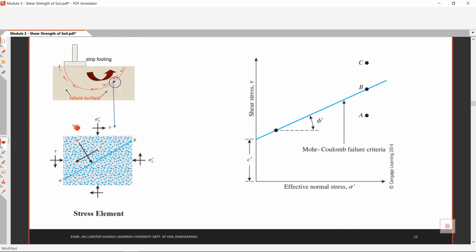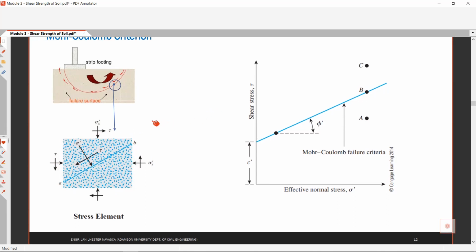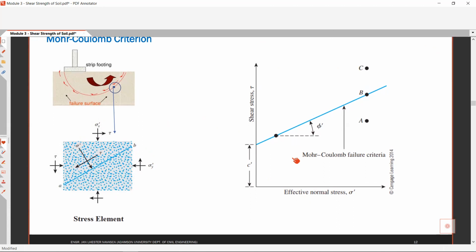So you can convert this stress element to a Mohr circle, with effective normal stress sigma prime on the x-axis and shear stress tau on the y-axis.